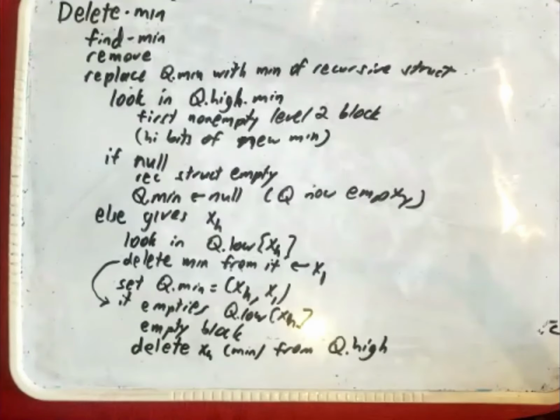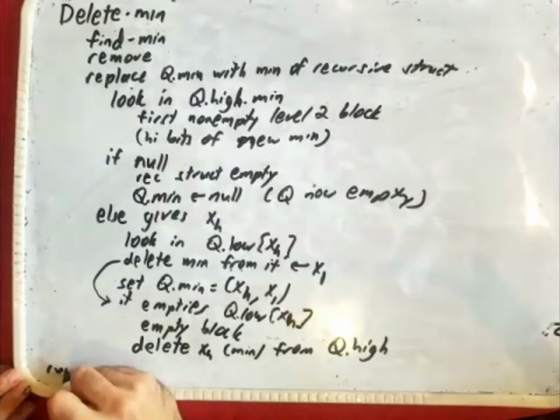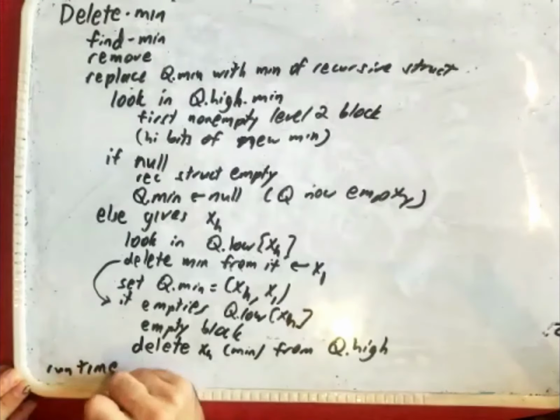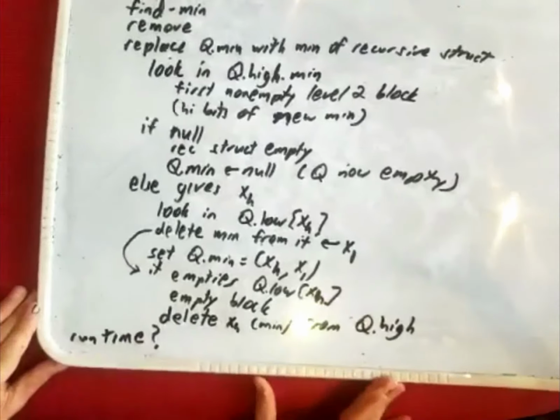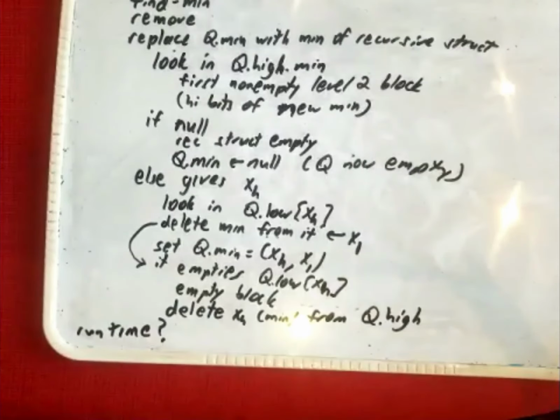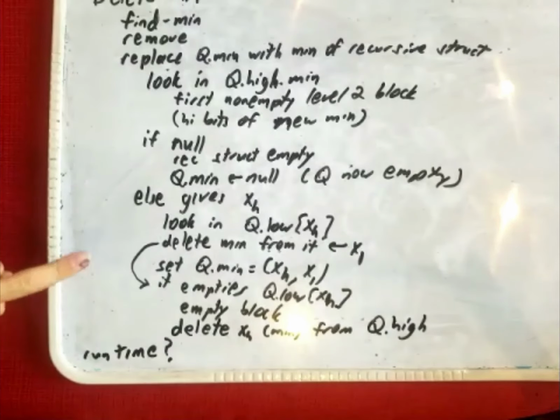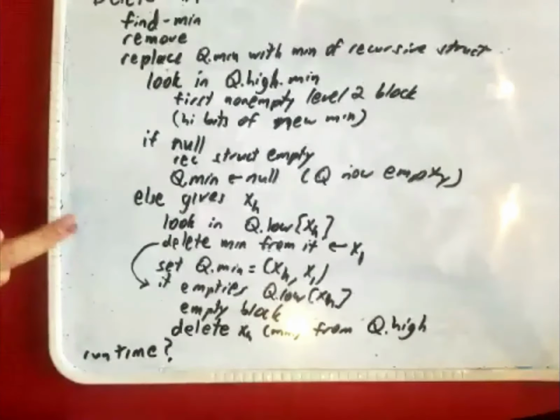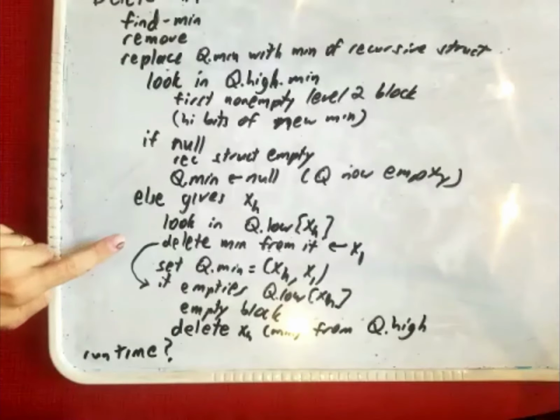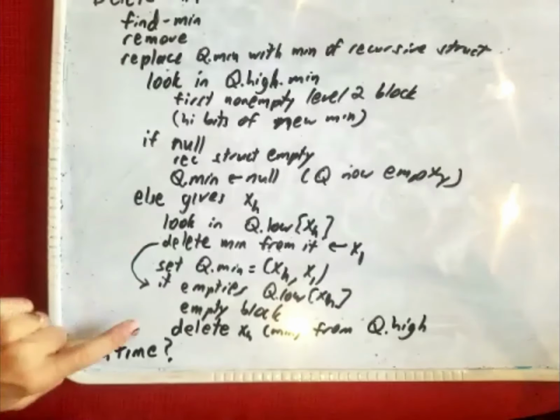Good. So the obvious question is runtime. And this really parallels insert. This is really just running insert in reverse. We have exactly the same structure: there's a delete min and then possibly another delete min.